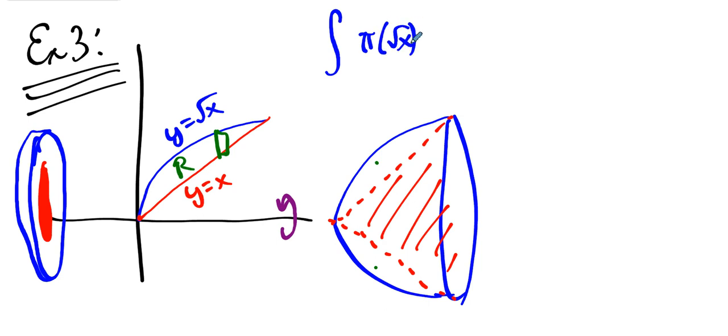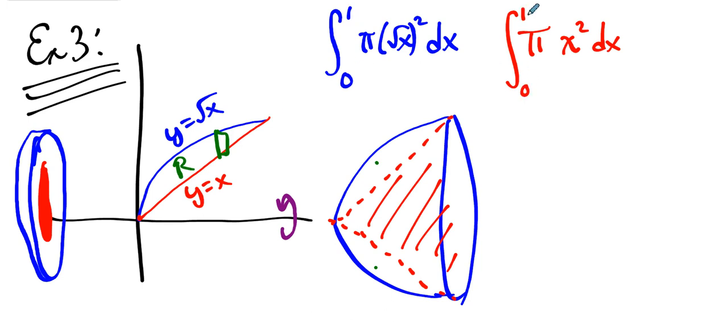Pi, integral of function squared dx. And you find how big the removed space is. Pi, integral of function squared dx. Both of those run from 0 to 1. Pausing to make sure you know that.